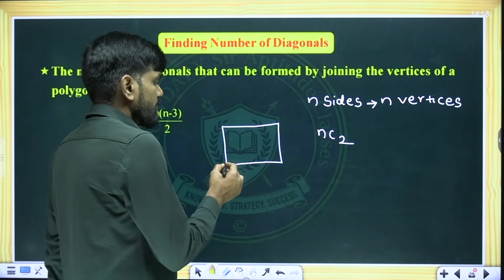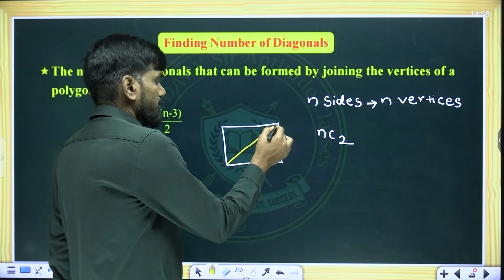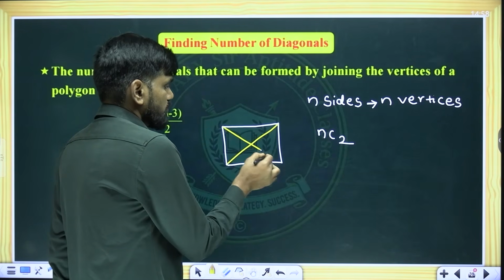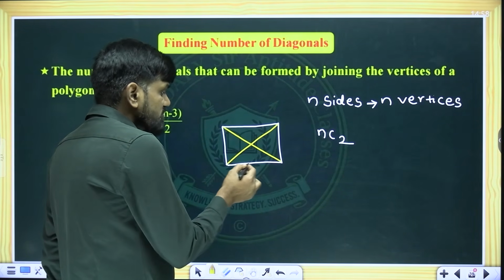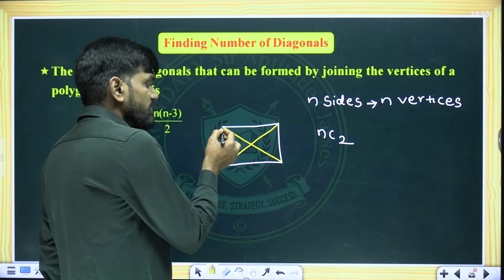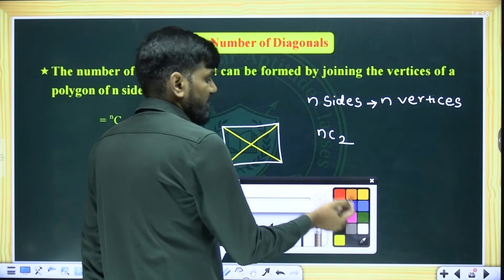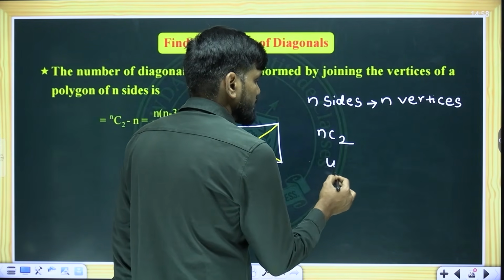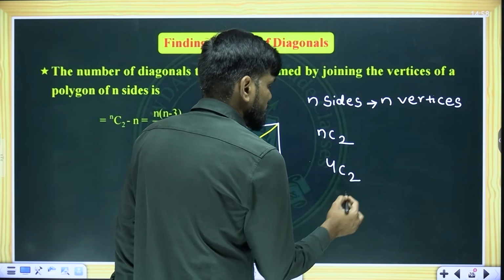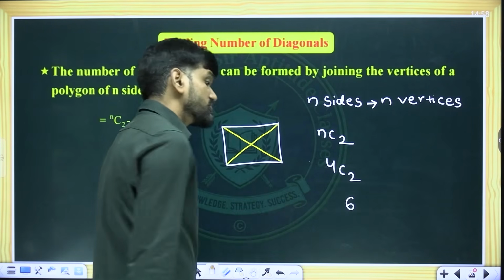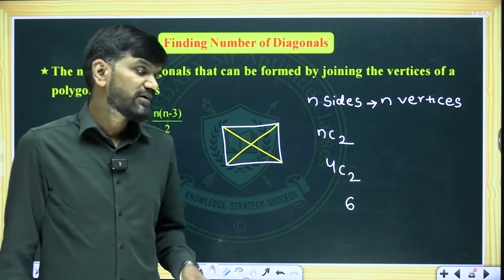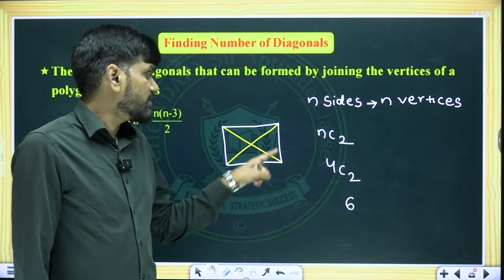Let me say this is 1, 2, this is 3, this is 4, this is 5, this is 6. So, as there are four vertices, the number of diagonals I am going to get will be 4C2. That 4C2 on simplification will give you 6. In that 6, what are included? 1, 2.